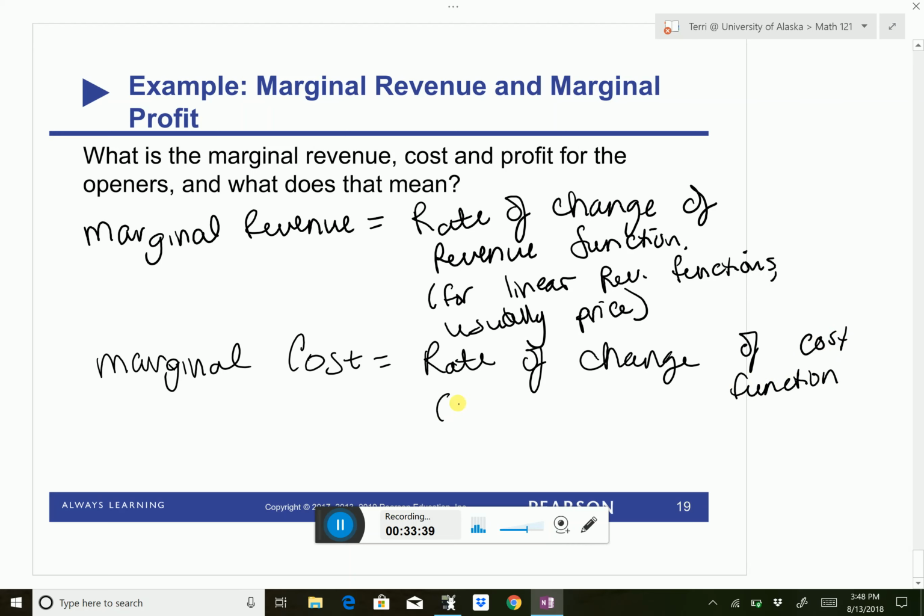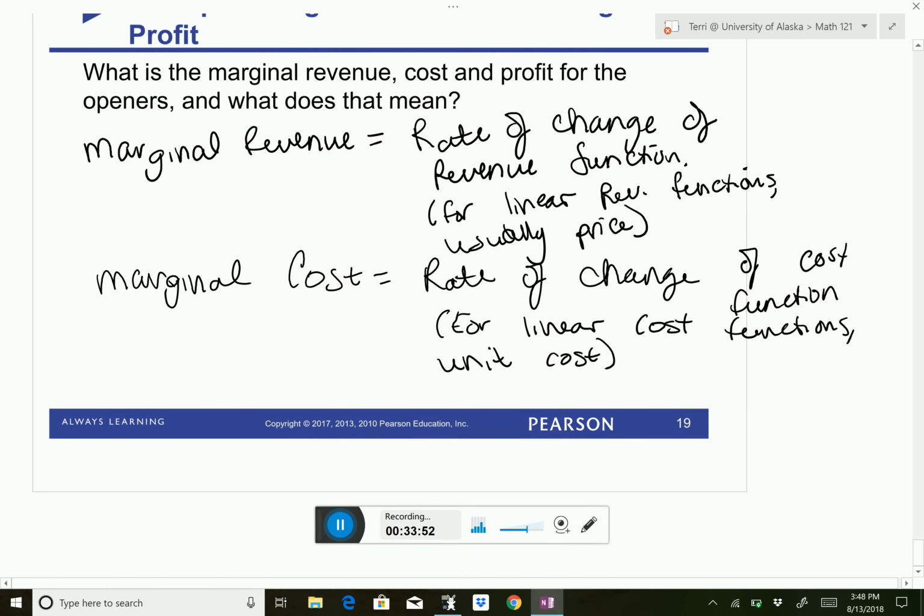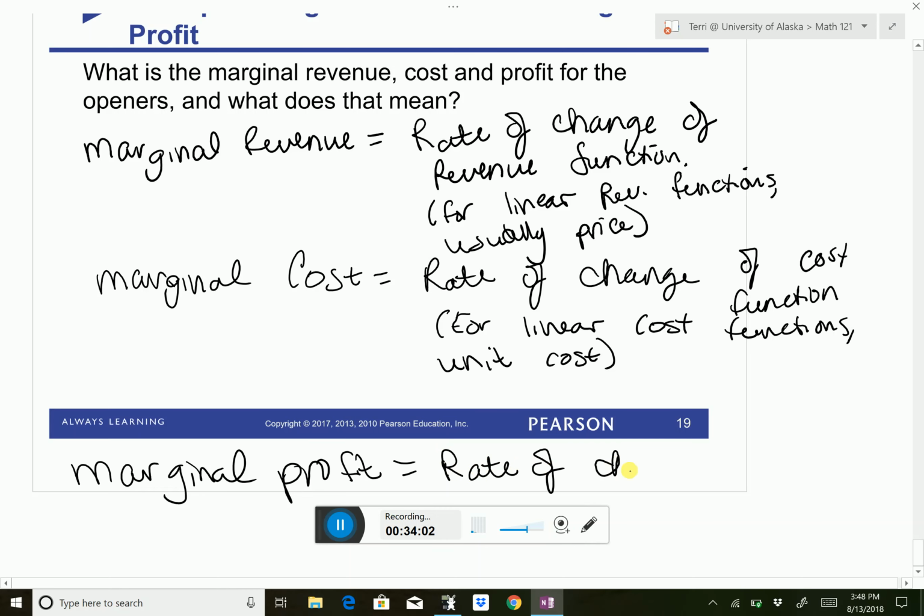And again, for linear cost functions, this is unit cost. And finally, marginal profit is the rate of change of the profit function.